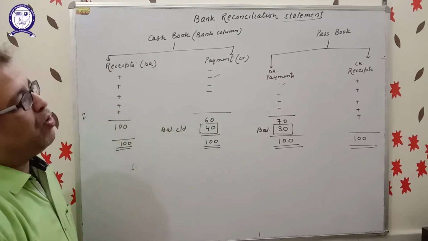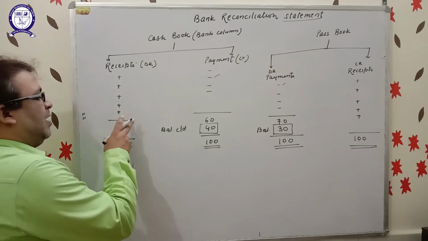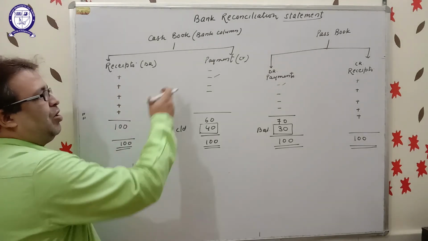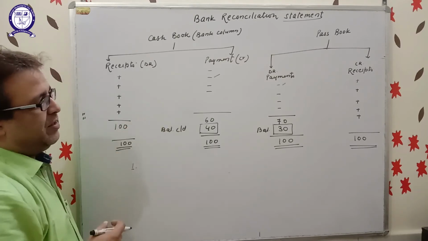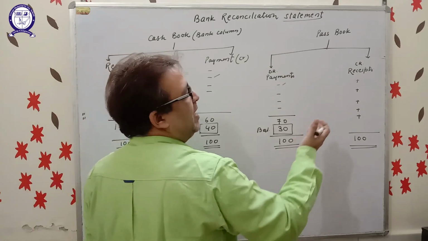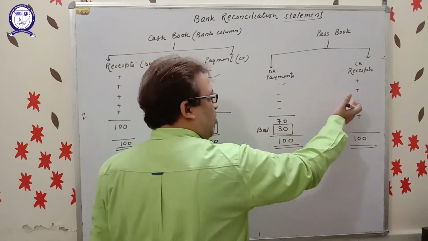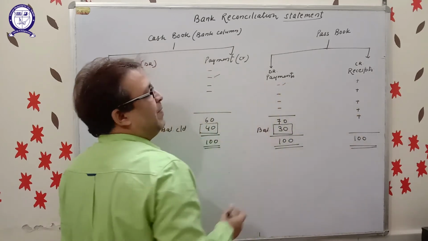There may be some more reasons for differences. For example, the total of receipt side or total of payment side may be wrong, may be overcast or undercast, or maybe there is a wrong entry given by the bank, wrong credit or wrong debit given by the bank.